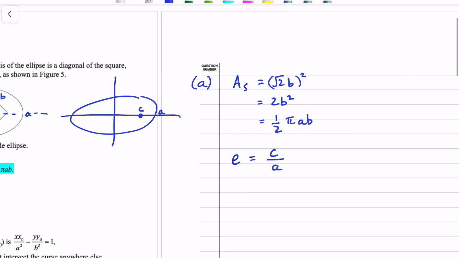And then for an ellipse, there's a relationship between A, B, and C. If I draw this diagram here, this length is B. Again, apologies for the crappy ellipse. That's side C, and it turns out that this side here is A. The sum of distances from the foci to any point on the ellipse is equal to 2A.